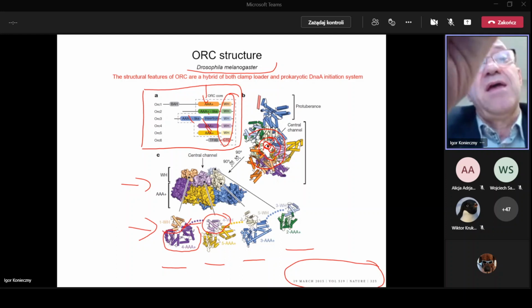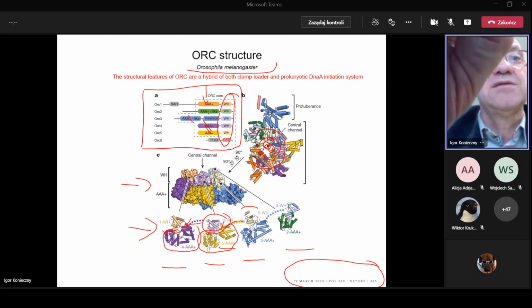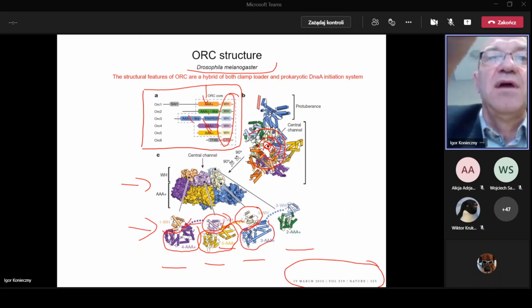But you see that the winged helix of ORC4 interacts with the AAA plus domain of ORC5, and then there is a hinge, and the winged helix of ORC5 interacts with the AAA plus domain of ORC3, there's a hinge, and the winged helix of ORC3 interacts with the AAA plus of ORC2.